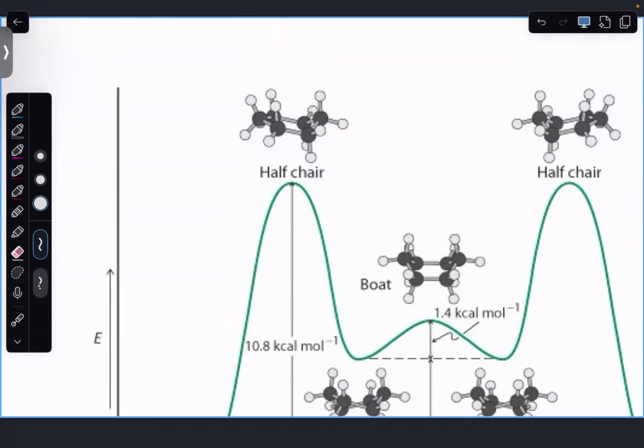This half chair is trying to show that what used to be the foot is now in the plane of these other 4 atoms. So those 4 atoms, what was the seat, and now since we brought the foot up, these 5 atoms are all in the same plane as each other.